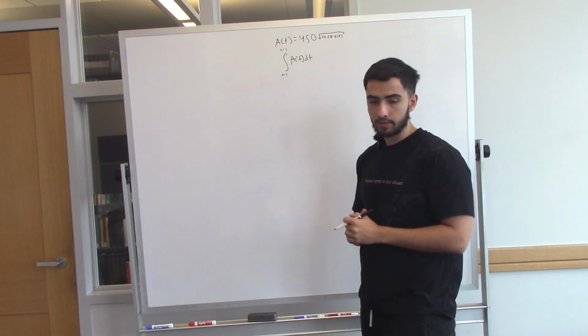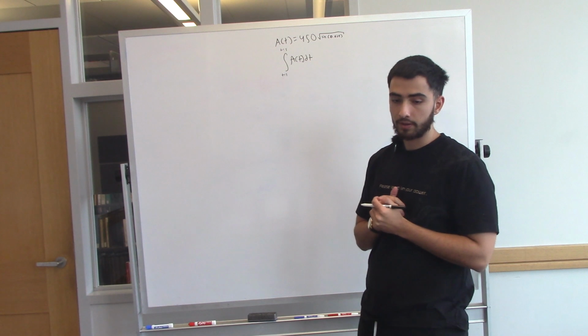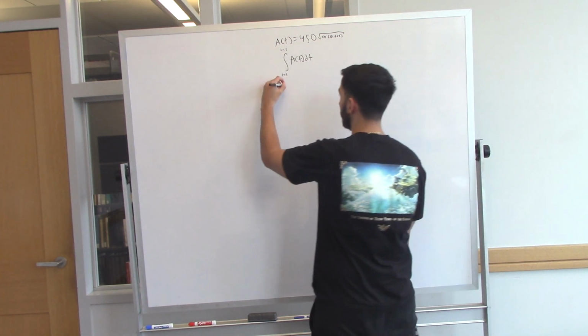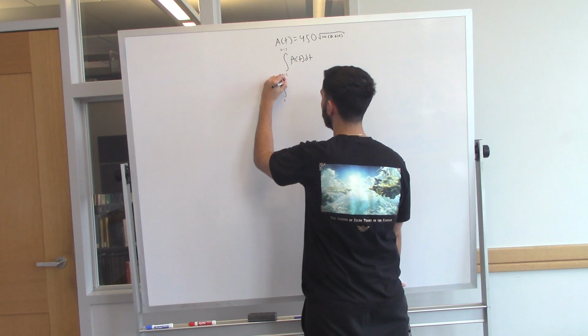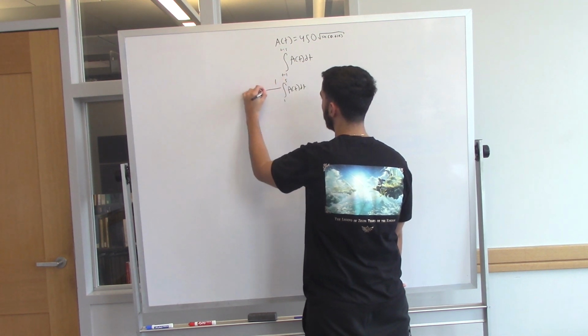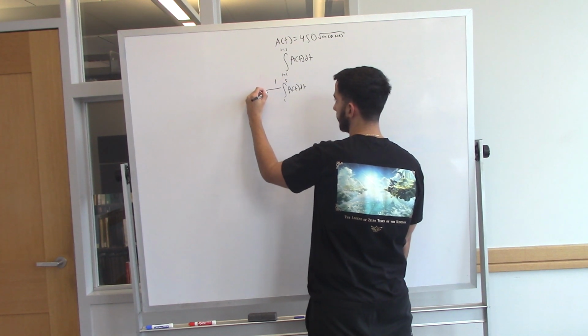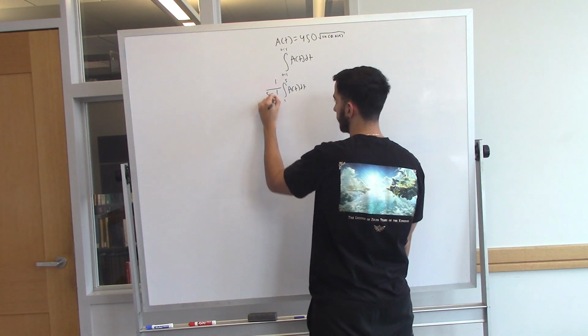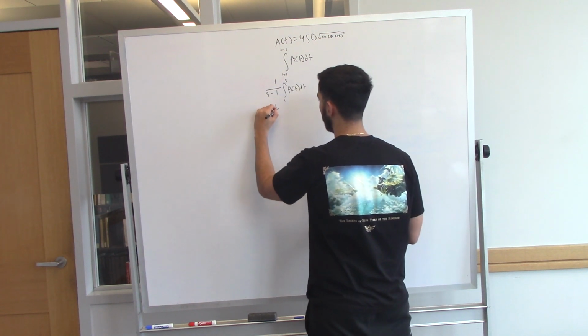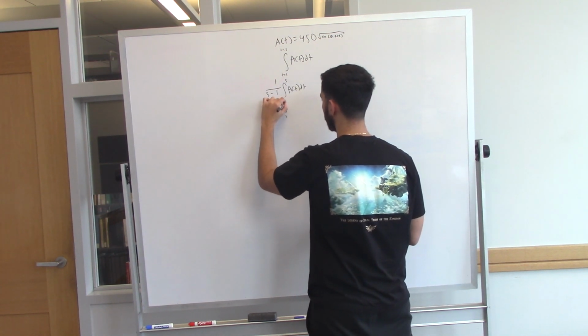Now the second part is asking you to find the average value of that rate. So it's going to be the same integral, except for the average value we're going to have 1 over the upper bound minus the lower bound. So we're just going to have 1/4 of this integral.